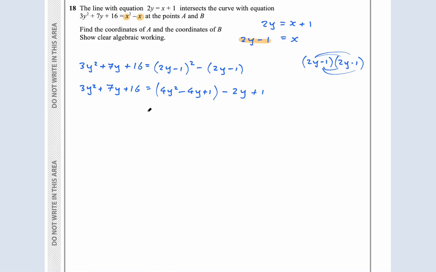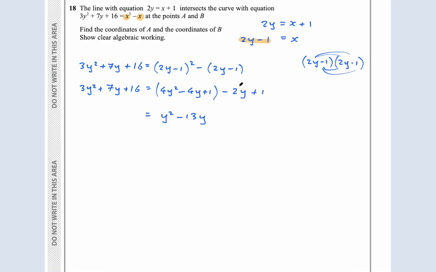Now I am going to bring everything to the right, just because my y squared term is bigger on the right. So 4y squared minus 3y squared is 1y squared. Minus 4y minus 2y is minus 6y. Minus 7y is minus 13y.